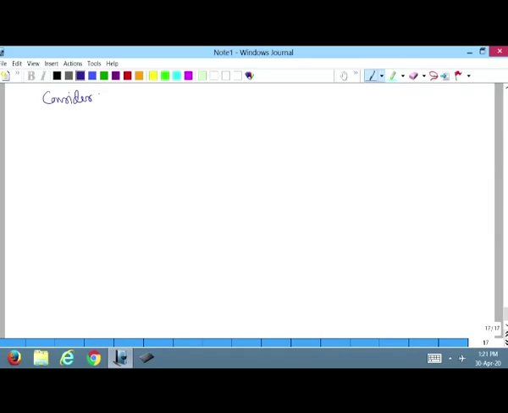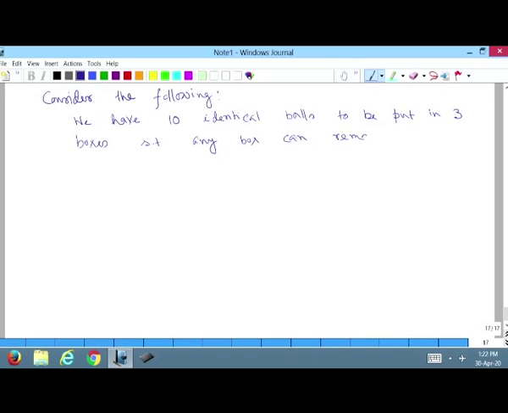Now, consider the following. We have 10 identical balls to be put in 3 boxes such that any box can remain empty.